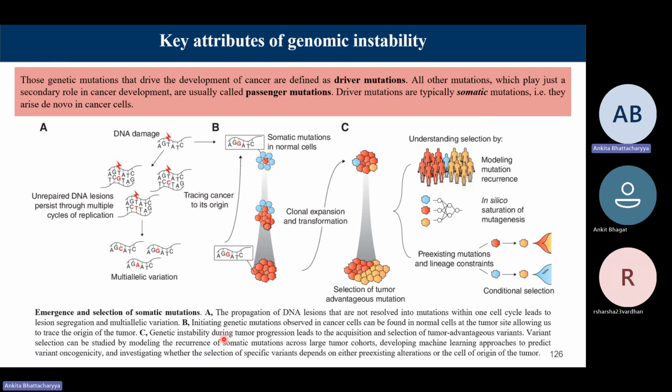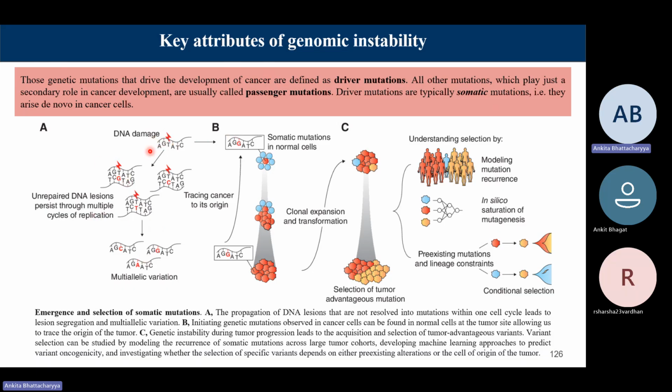The polymerase efficiency goes down, as a result of which its ability to properly place one particular base as a complementary residue to the existing base is severely compromised. And as a result, what you see are different types of lesions that can be formed.